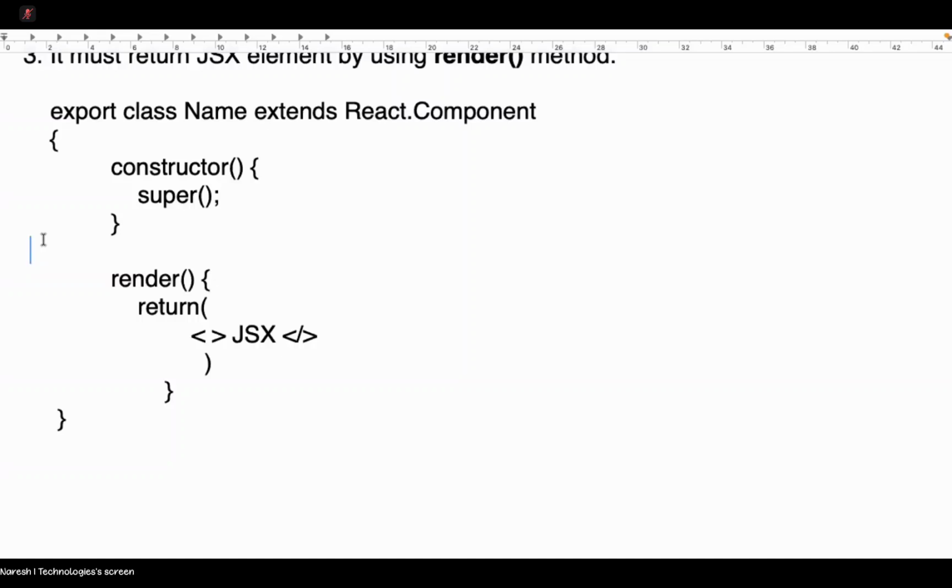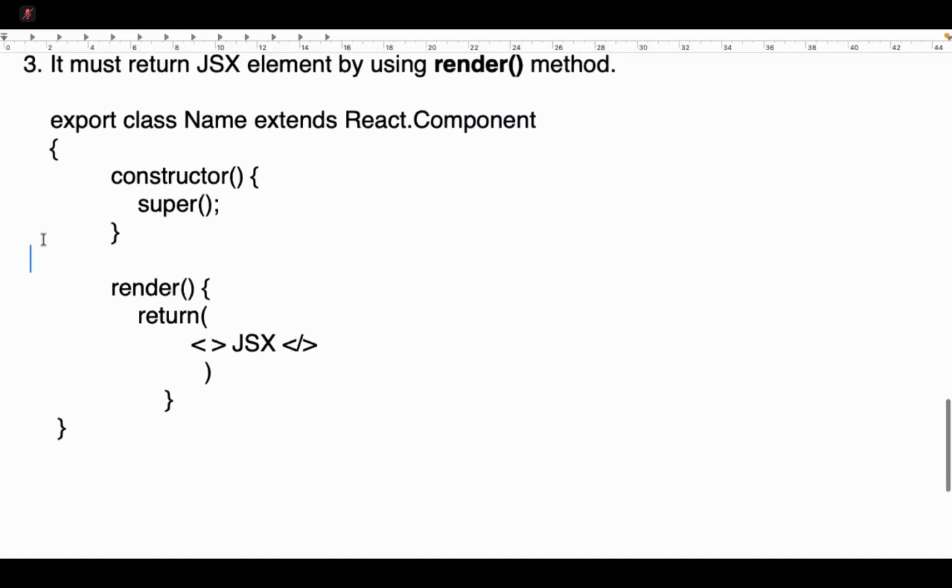Earlier, our function used to return directly, but now we have to do it by using this. And all JSX rules are the same. There is no change in the JSX rules. It should return one fragment. It should use properties. All the concepts are the same.